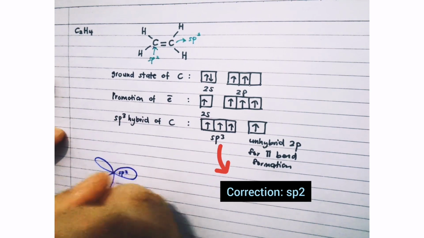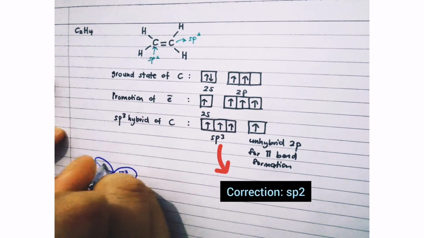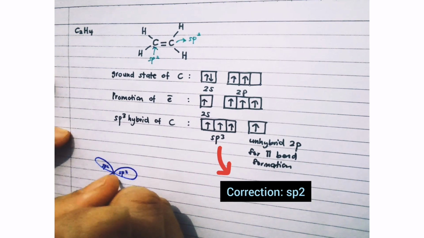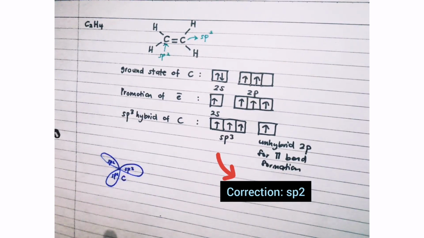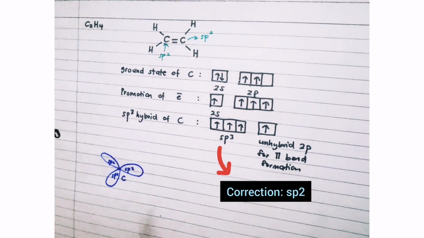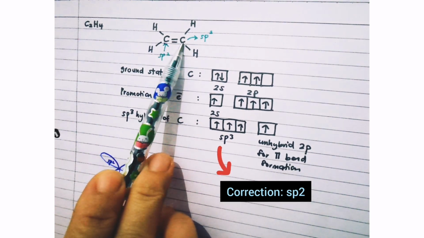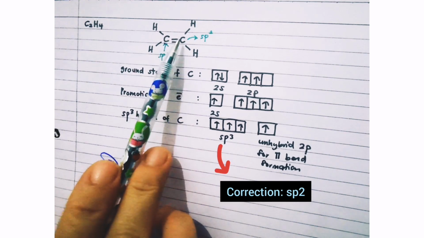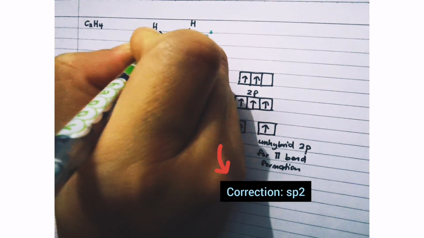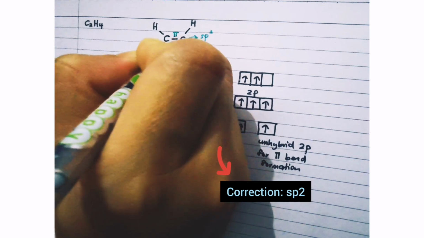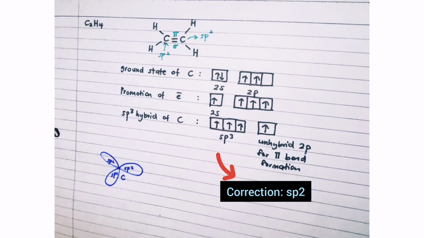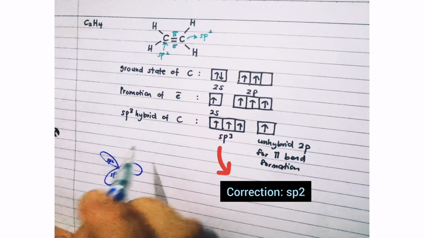This is sp2 of the first carbon. Now we will show the overlapping with this sp2 of the second carbon, forming the sigma bond first. You know that for the double bond we have 1 pi and 1 sigma. We will show the sigma bond first.